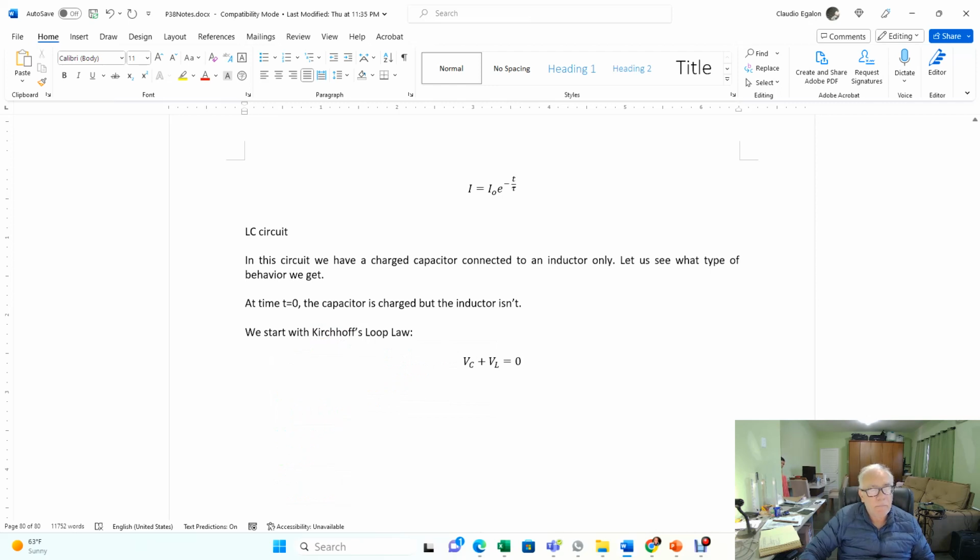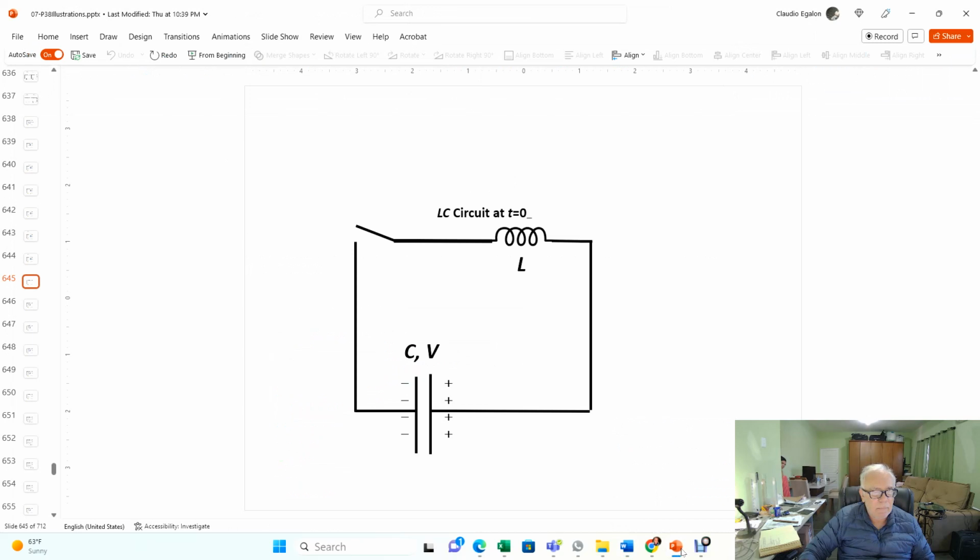Something like that. Let's choose, we close the circuit and we choose this direction for the loop, counterclockwise direction, going from negative to positive.